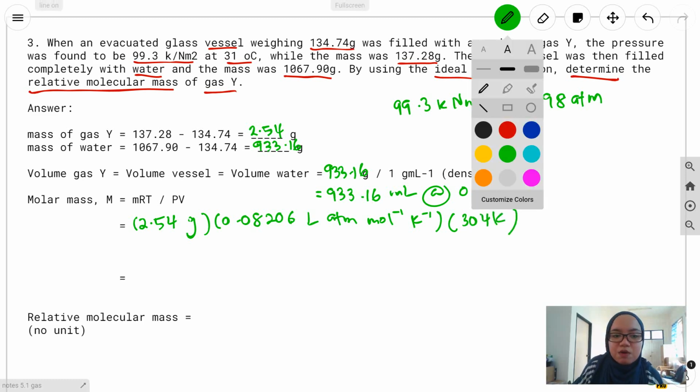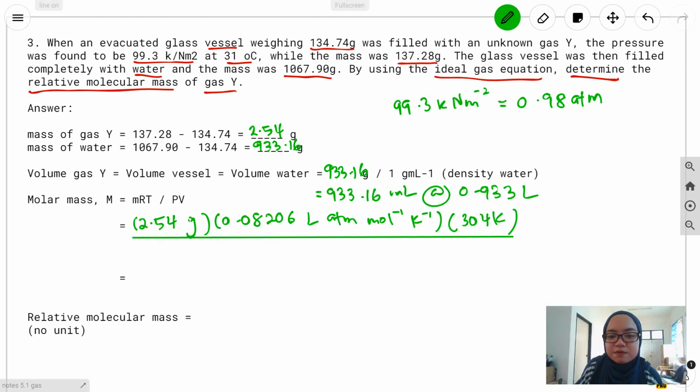Okay. Over P. Pressure tadi berapa? 0.98 atm. V tadi volume in liter, 0.933 liter. So when we calculate everything, we get the molar mass.